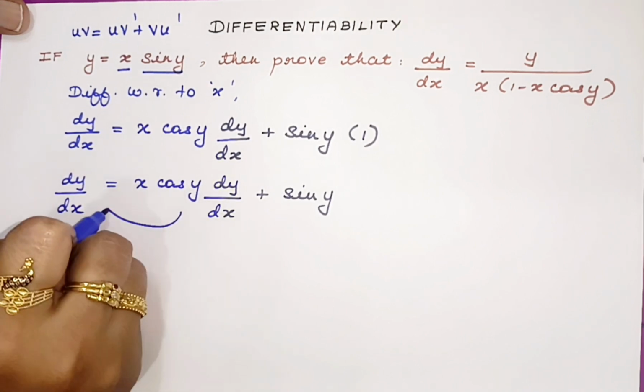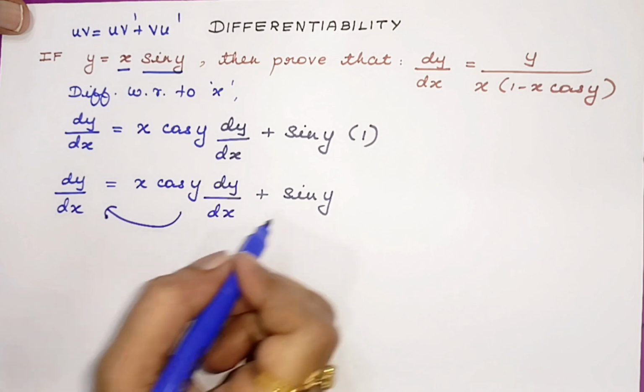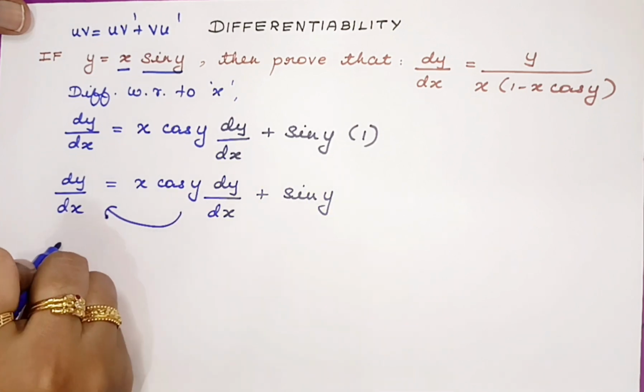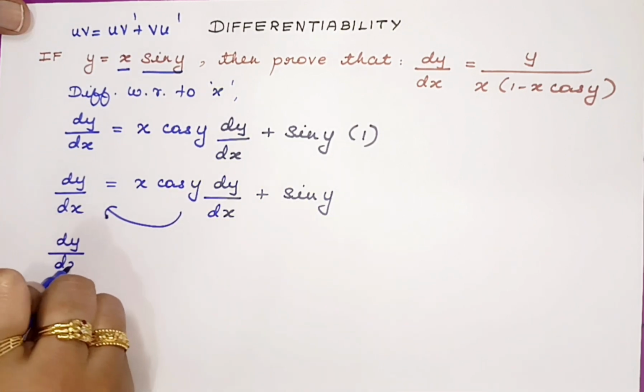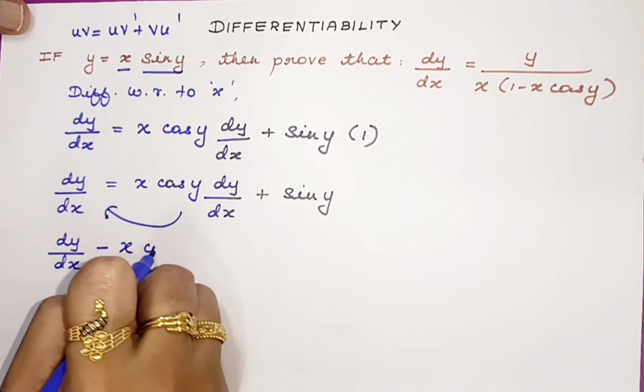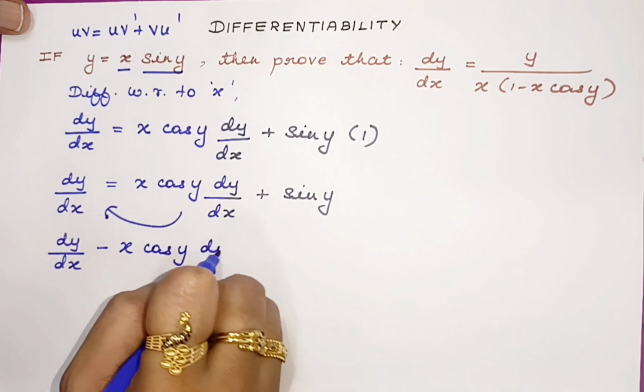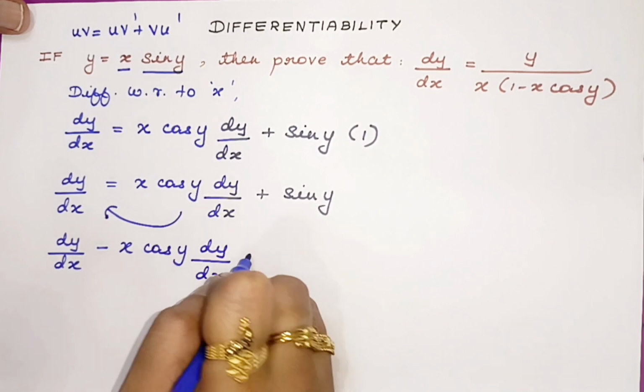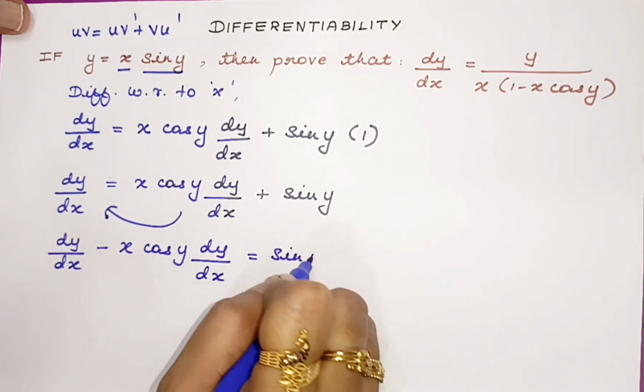We have to take dy by dx to one side and the remaining terms to the other side. While I am taking this x cos y dy by dx to the left hand side, it will become minus x cos y dy by dx, equal to sin y.